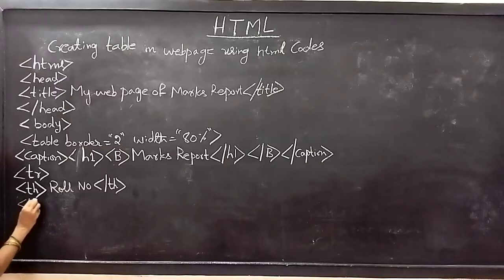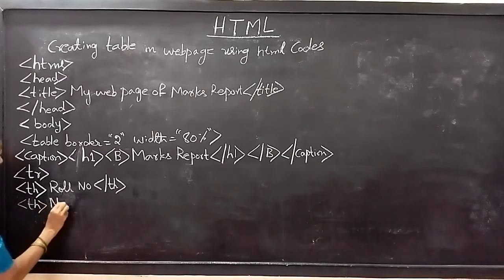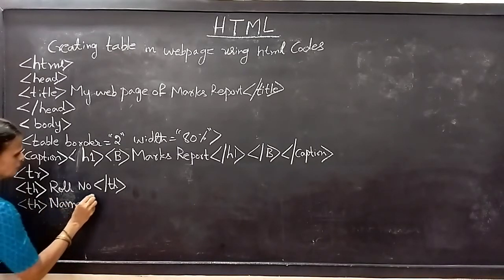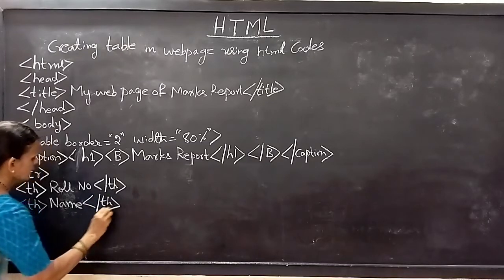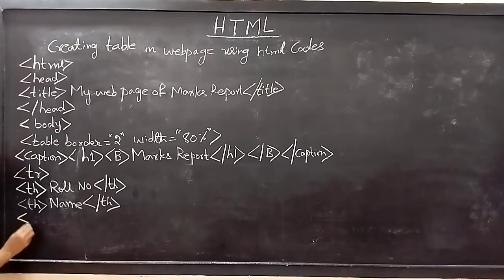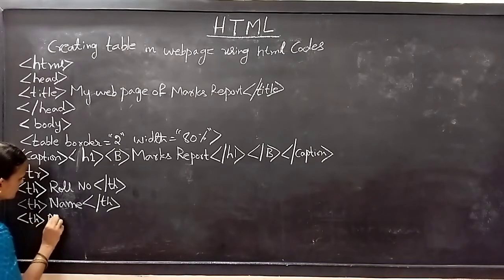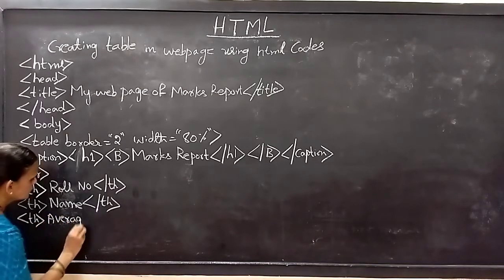Then we can write the name of the students, name, slash TH. Then we can write average marks. How much scored?